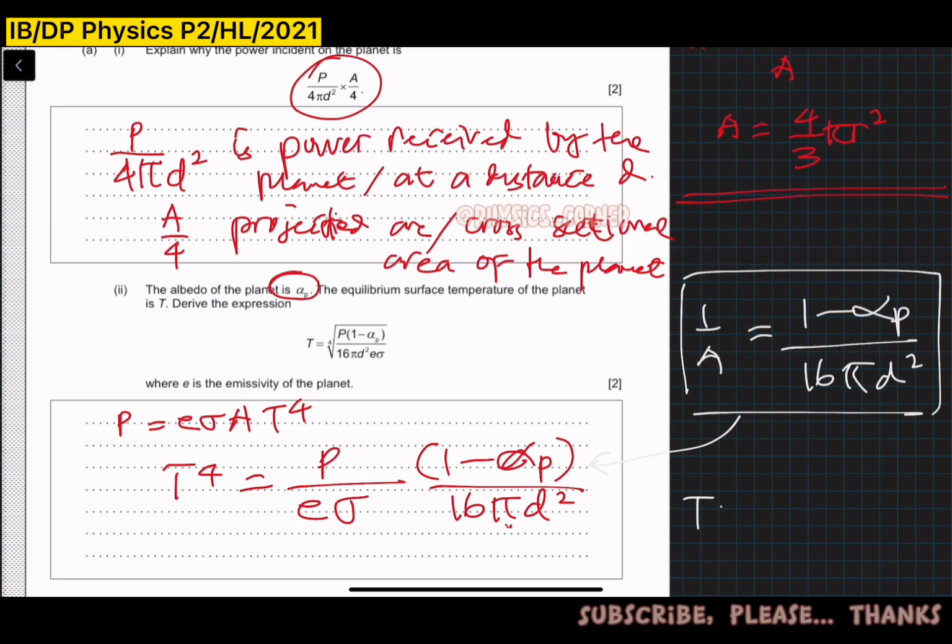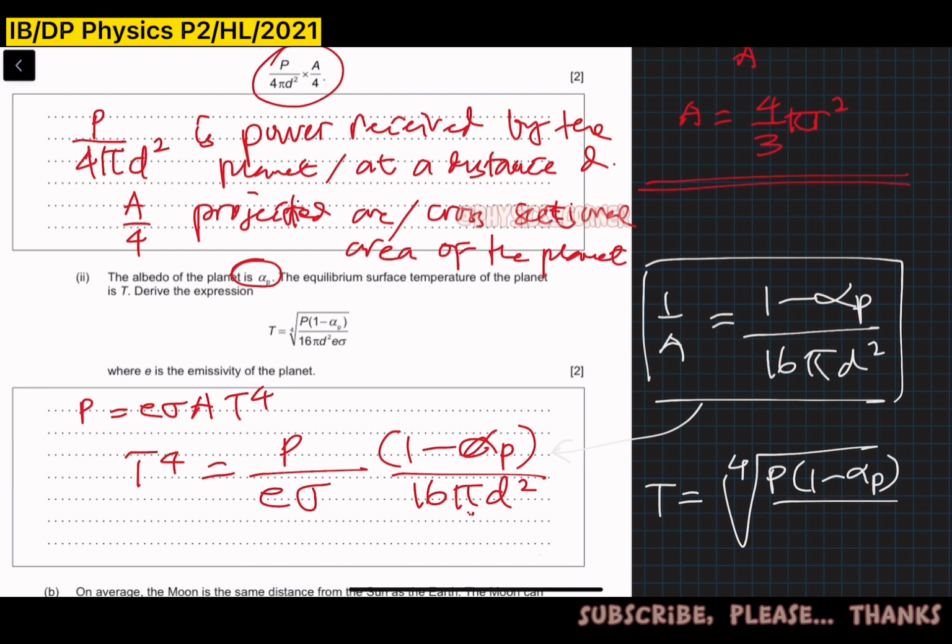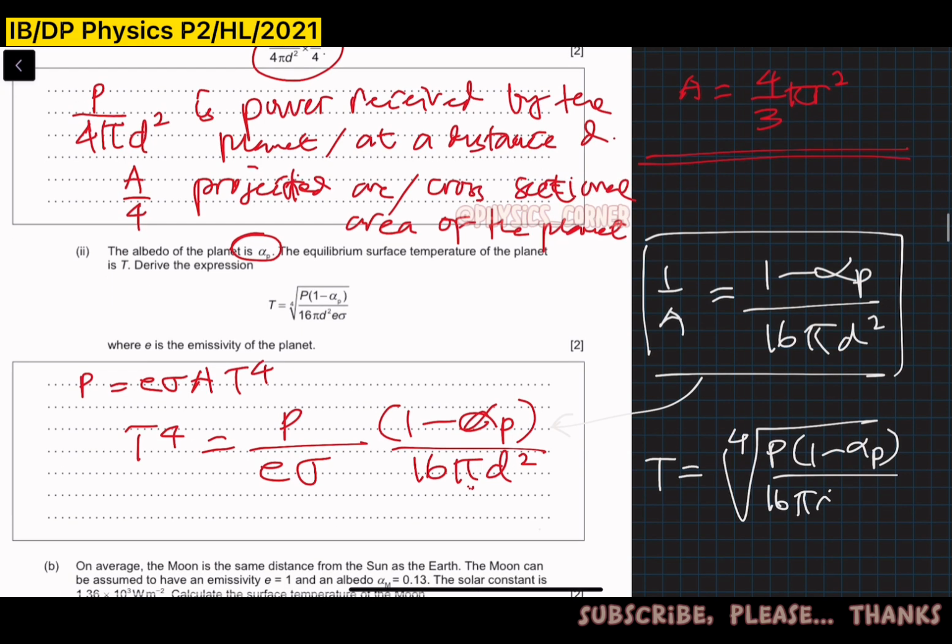Then T is the fourth root of P times (1 minus alpha P) divided by 16 pi d square E Stefan Boltzmann constant. Yeah, I think this one.